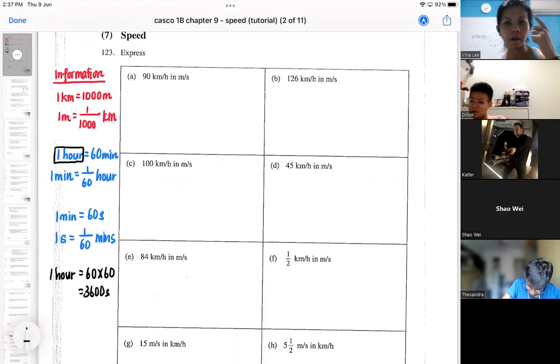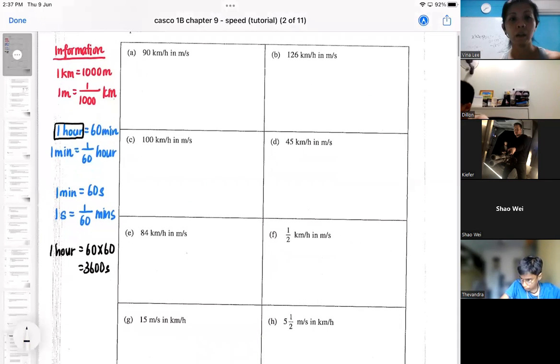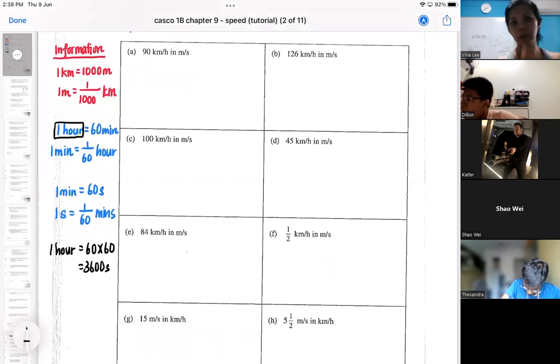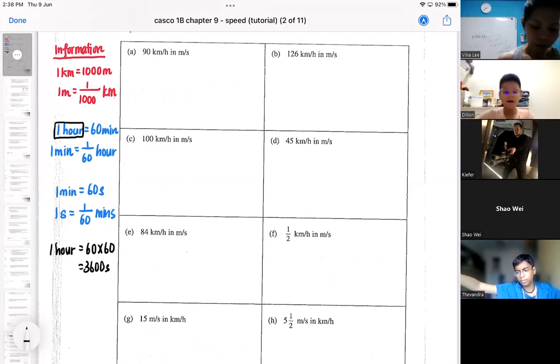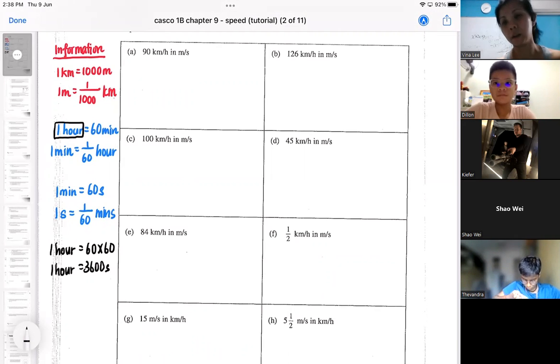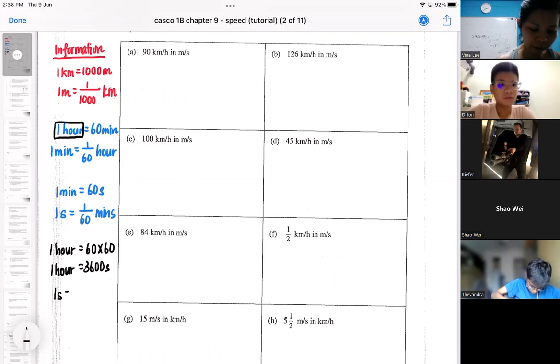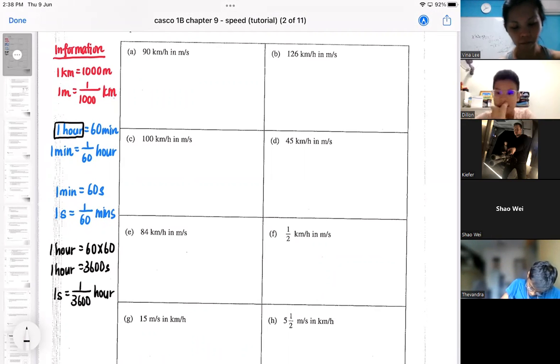It's just that all the conversions are in your head, so you need to get used to the reverse way. Lucas, the reverse way is the one that I think you didn't realize. If 1 hour is 3,600 seconds, then 1 second is 1 over 3,600 hour. Think in the reverse manner.